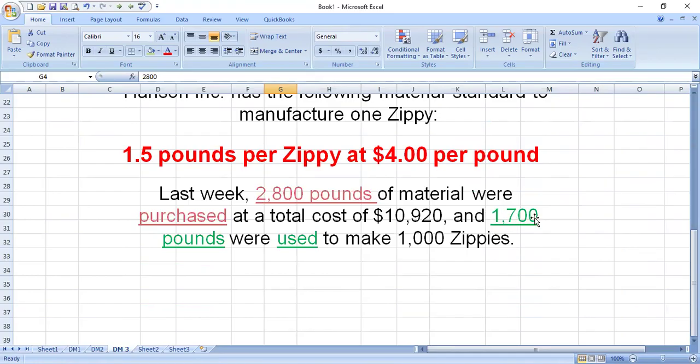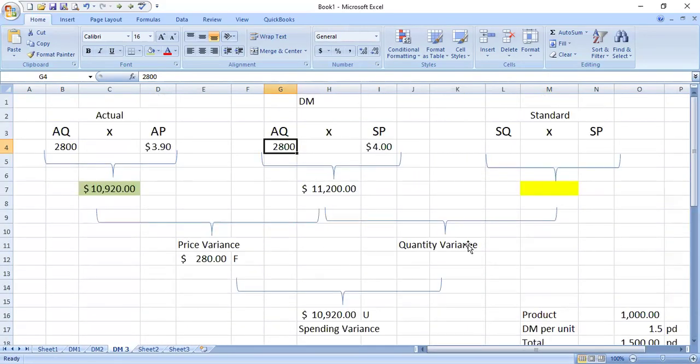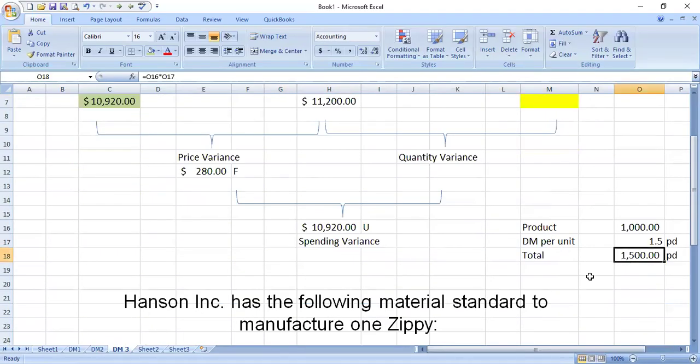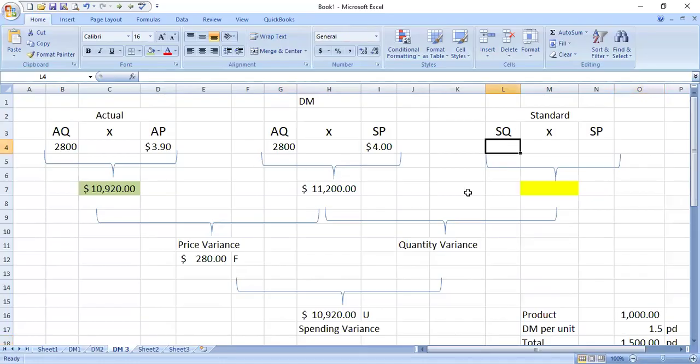Now, let's see something else. 1,700 pounds only were used to make 1,000 ZPs. Now, if I go with the standards, based on my standard, I'm supposed to use 1,500 pounds. If I plug here and start comparing those numbers, am I going to be in the same reality?